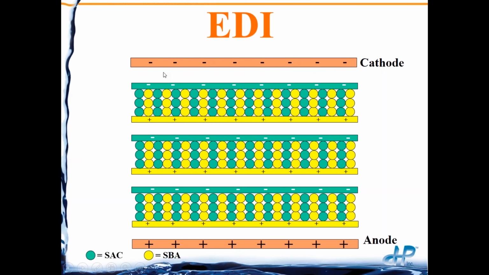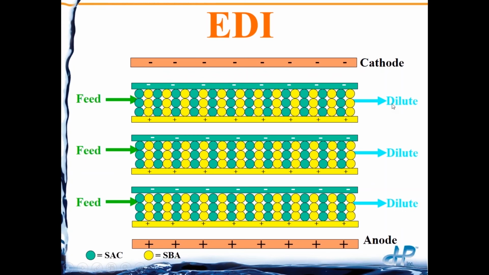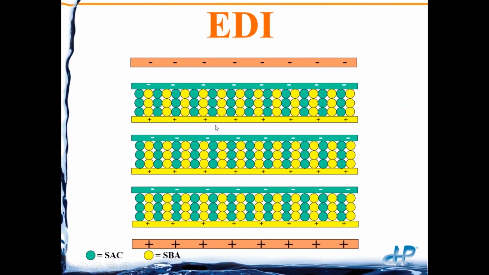So feed water, now we're talking RO permeate. Feed water is going to enter the mixed bed or the mixed resin portion. So what's going to come out is high purity water. Your ions are going to get trapped in the waste streams in between the membrane sheets, and we can call those concentrate streams, or we can call them waste streams.